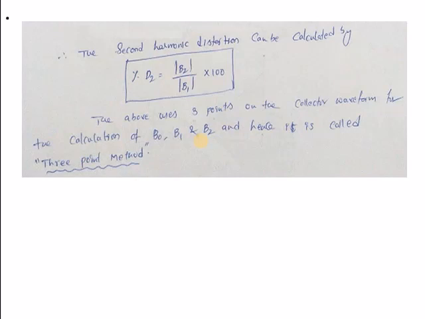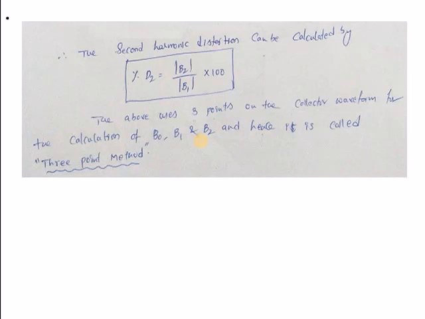In examinations, sometimes they may ask you to write about the 3-point method for calculation of second harmonic distortion. So this topic is very important from the exam point of view. The important points in this topic are: the distortion changes the shape of the waveform.